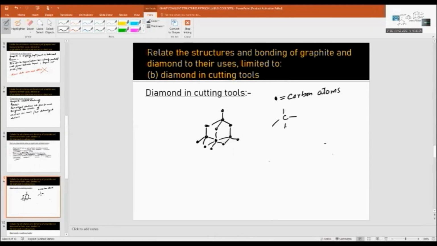This also does not leave any electron free at all, as all the valence electrons are involved in bonding with other carbon atoms. Electrons are not free or mobile.